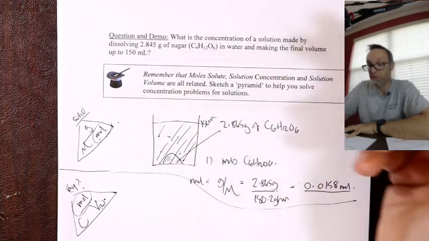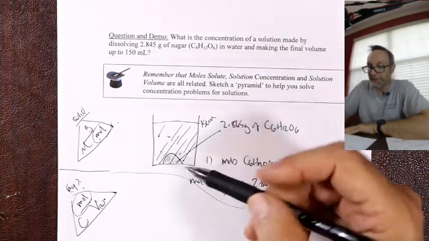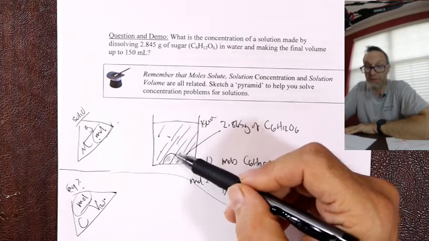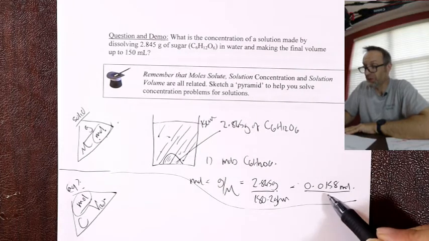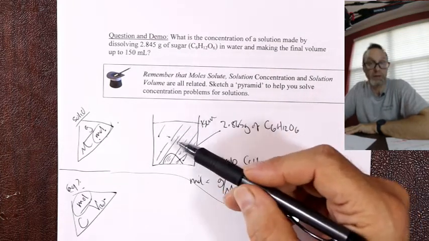So now it's all dissolved, and I have my sugar water. What's the strength of the sugar water? Well, I didn't add sugar when I put water in it, so that amount of sugar is fixed, 0.0158 moles, and it's now swimming around in this volume.